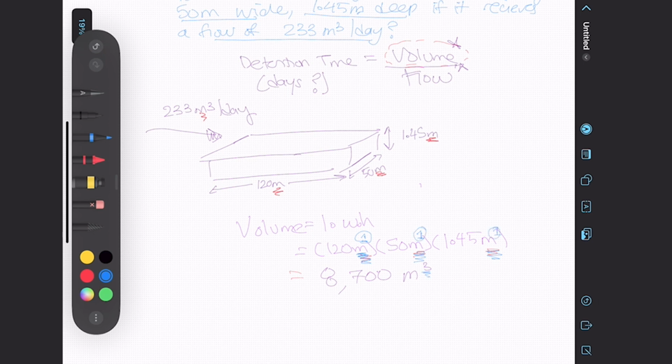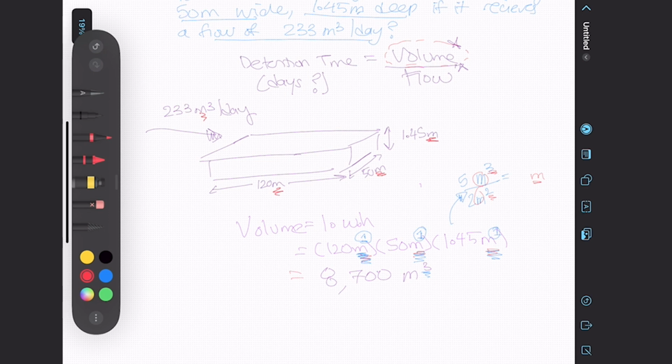If we're dividing units of the same type, then we're subtracting the superscript. Just as an example, if we were doing 5 meters cubed divided by 2 meters squared, since we're dividing the same units, we're going to be subtracting our superscript. So the unit would be meters.